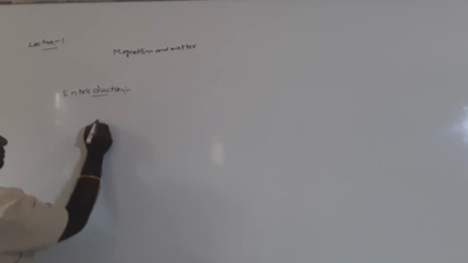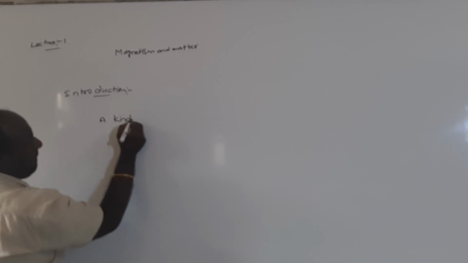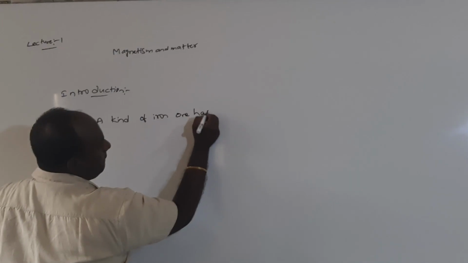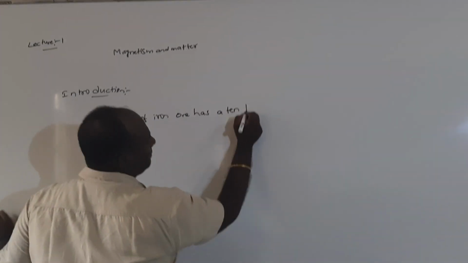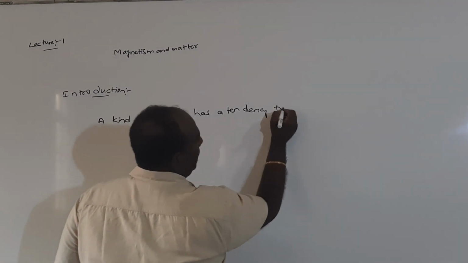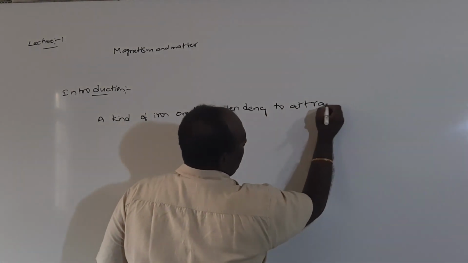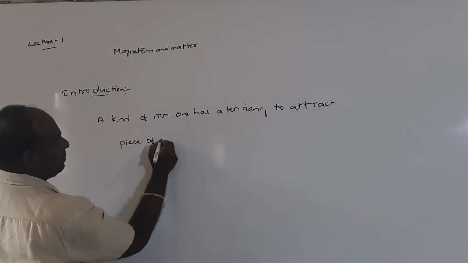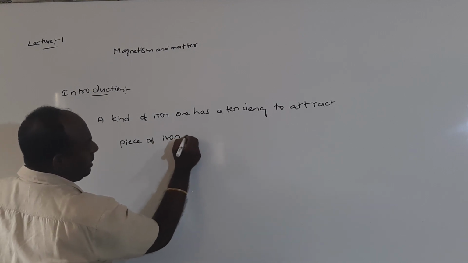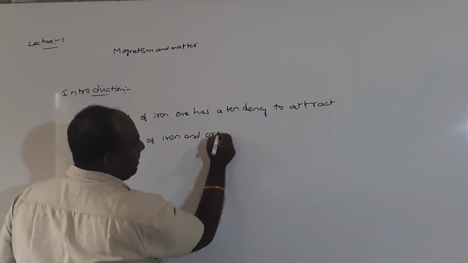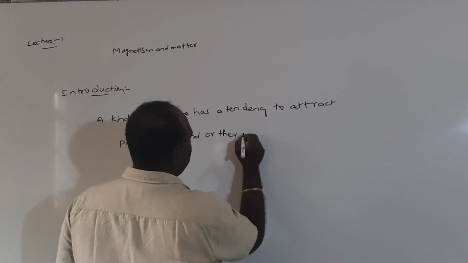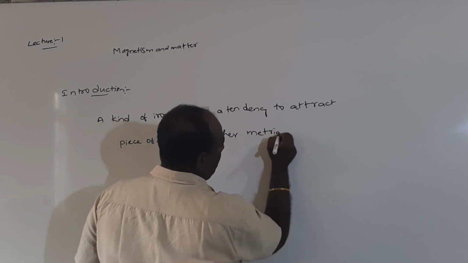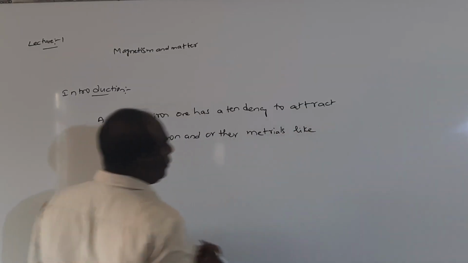Introduction. A kind of iron ore has a tendency to attract pieces of iron and other materials like nickel, cobalt.